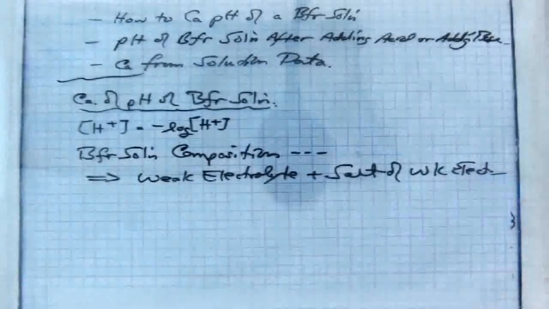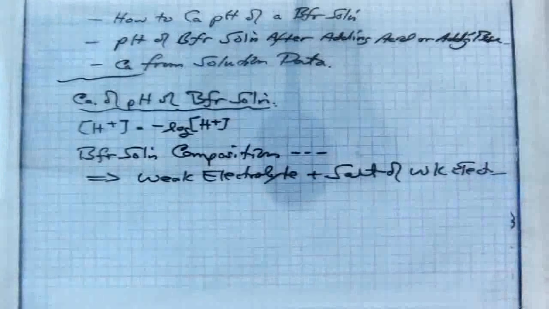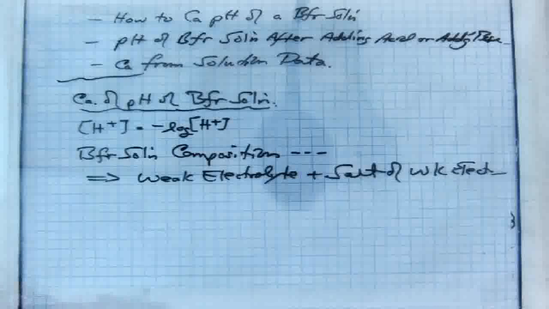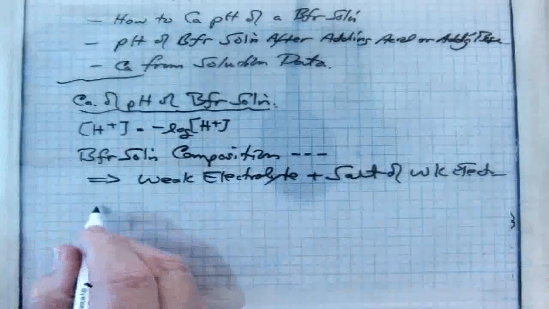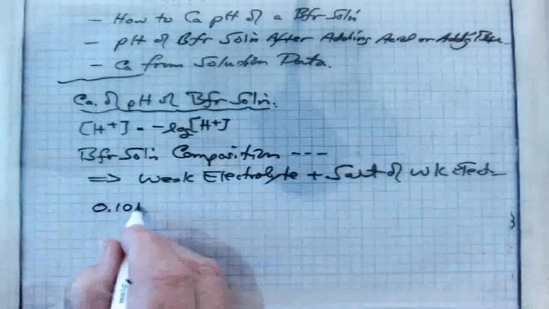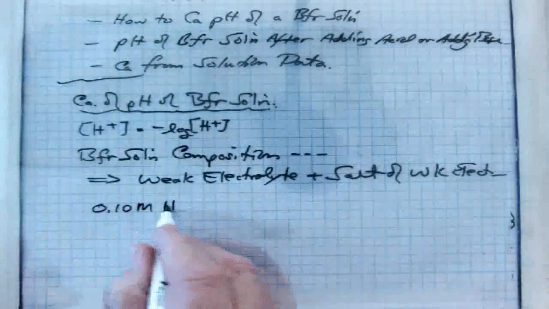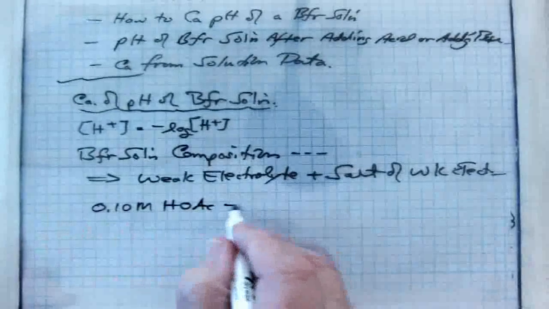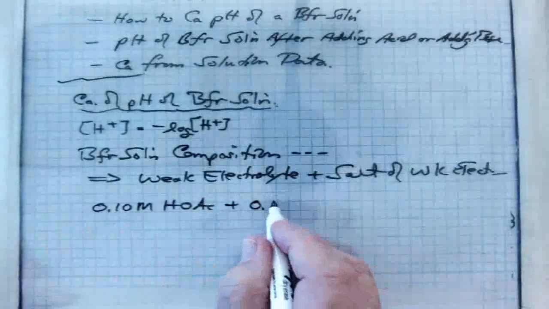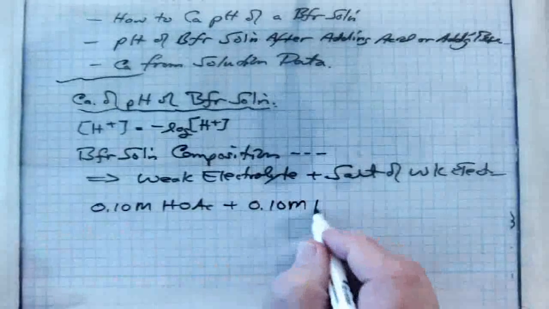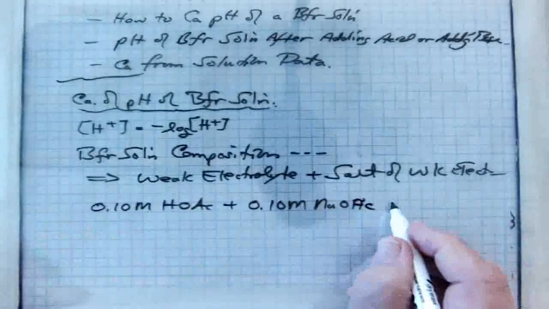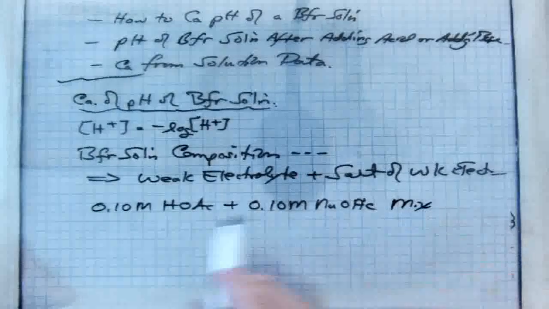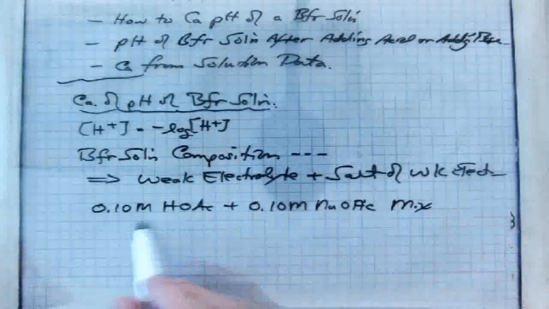And then the equilibrium is established, decreasing by X, plus X and plus X, giving 0.10 minus X molar, X, 0.10 plus X molar. And we can drop the X, 0.10 molar, 0.10 molar. I haven't done anything you haven't seen before.